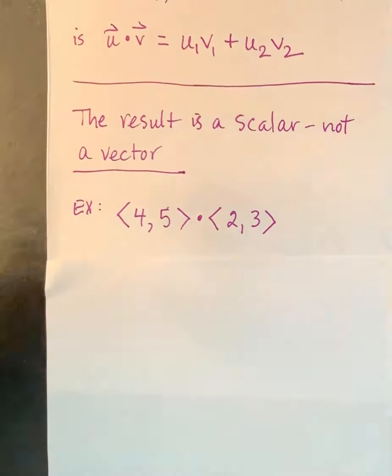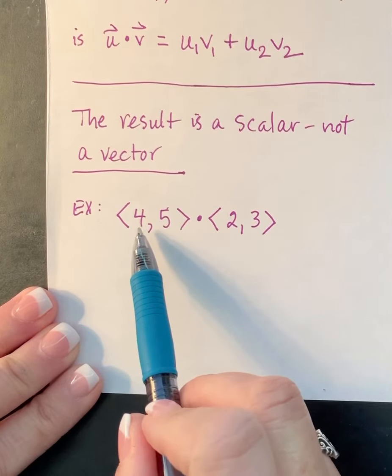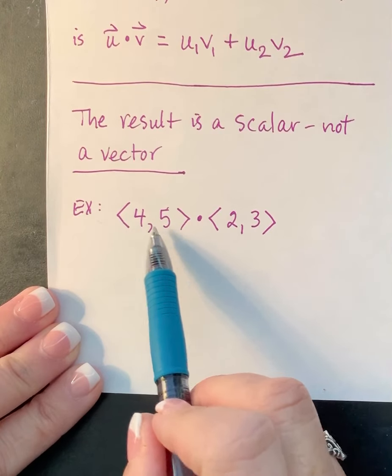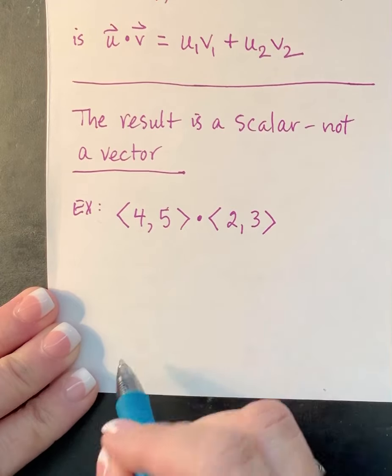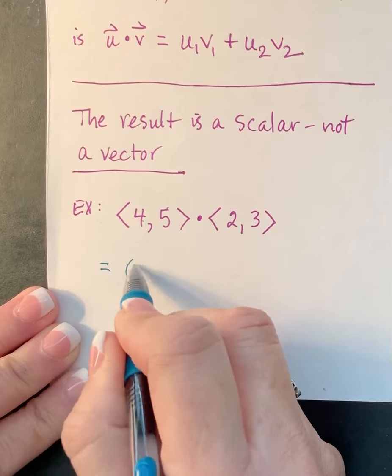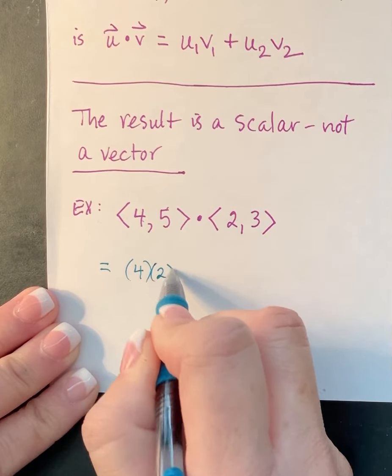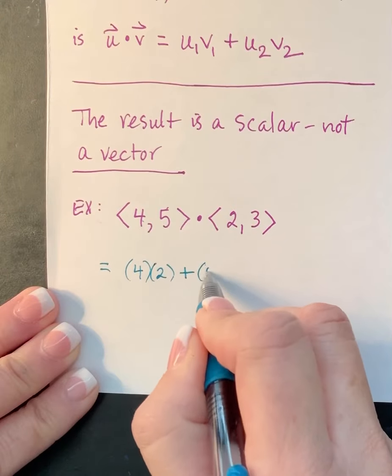All right, so for example, let's say you're going to do the dot product of this vector with components 4, 5, and this other vector with components 2, 3. So the dot product, you're going to multiply 4 and 2 together, and then add to that what you get when you multiply 5 and 3 together.